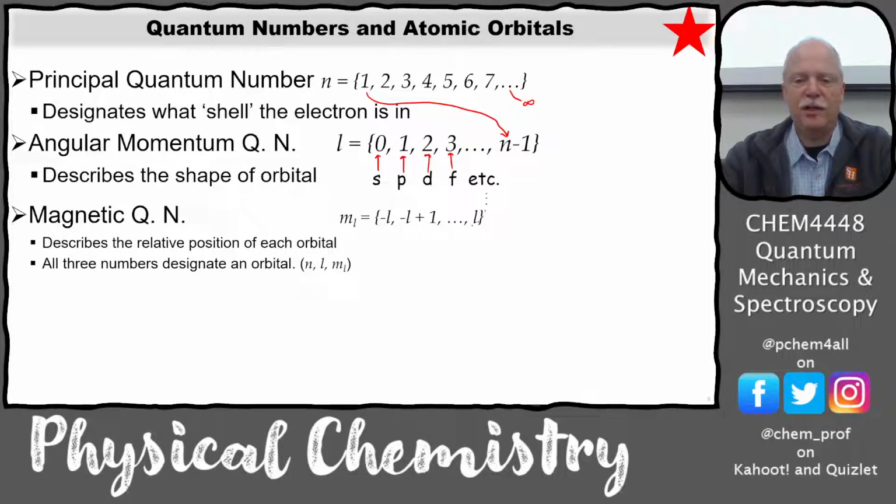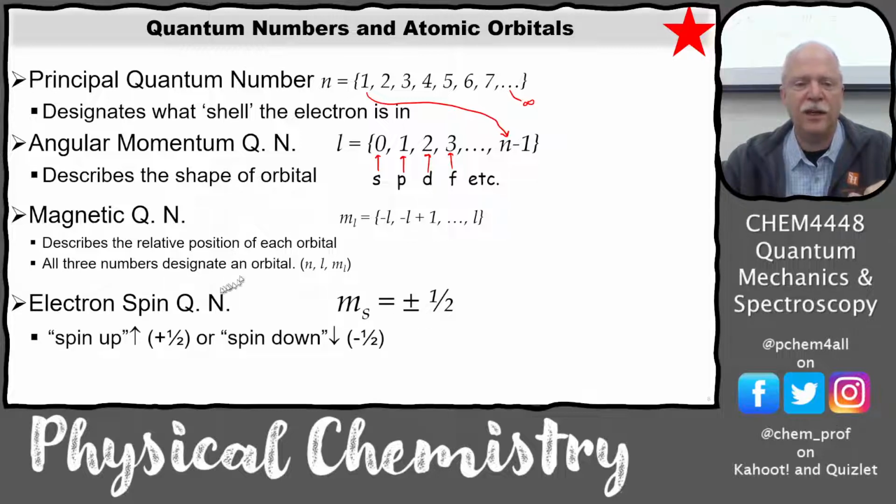Notice there's no numbers given here. It's a range based upon L. So minus L, plus 1, all the way out to L. So notice we have the max and the min, minus L to plus L, and then integer differences between. We just increment by 1.